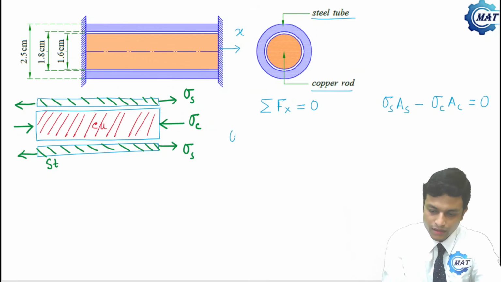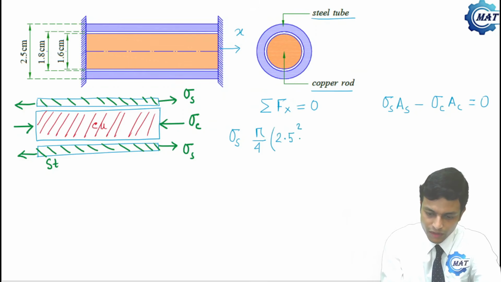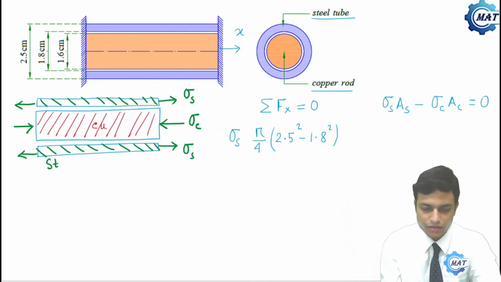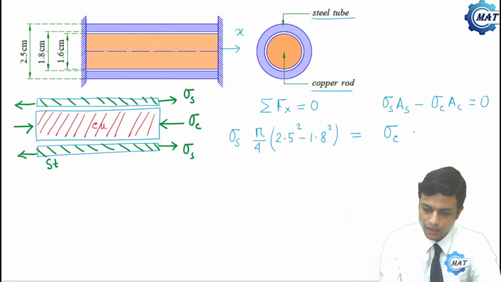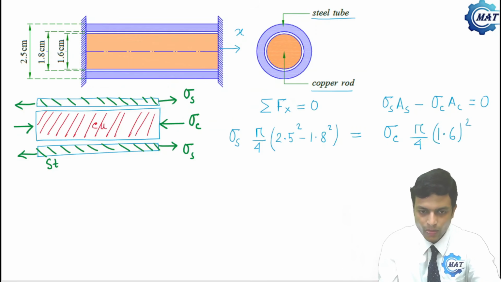The cross sectional area of steel is pi by 4 times 2.5 squared minus 1.8 squared. We are taking area in centimeter square because it appears on both sides. That equals sigma C times pi by 4 times 1.6 squared.